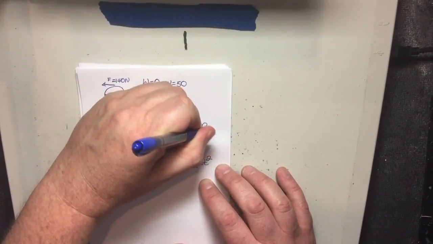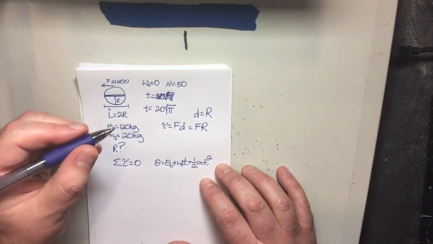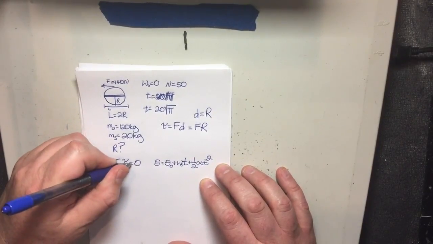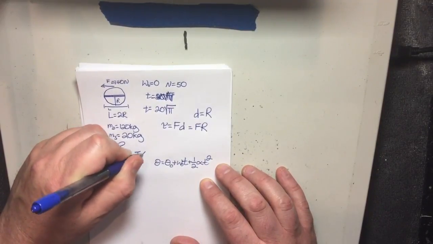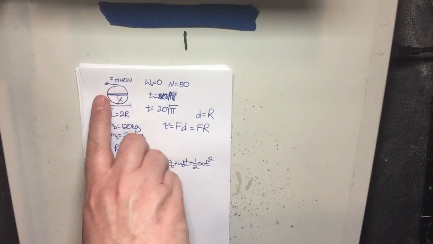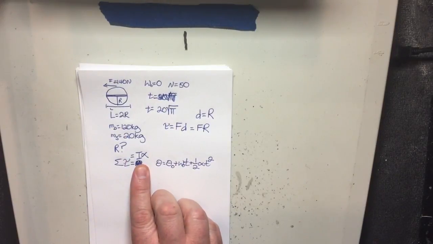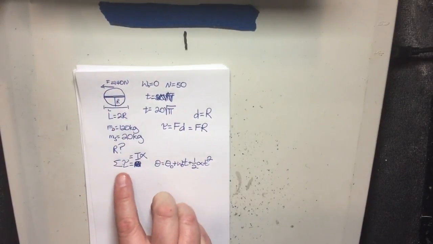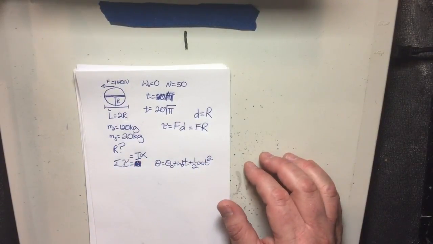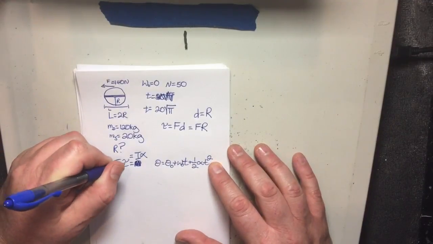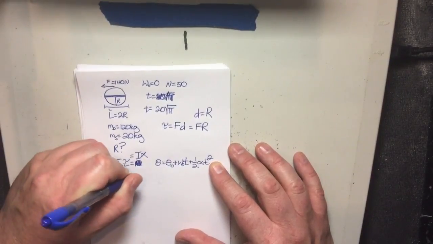So that's going to equal Fr, because d in this case is equal to R. So the sum of the torques, oh actually I apologize. It's not 0, it's I alpha. If there was no force on this rotating disc, that would equal 0. But there is a force, so it equals I alpha. There's only one torque, so Fr is equal to I alpha.